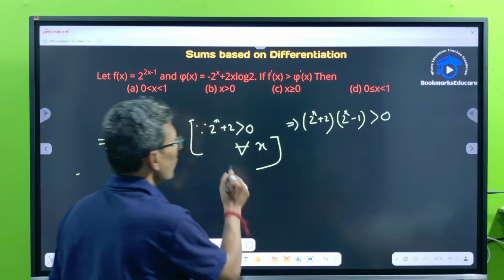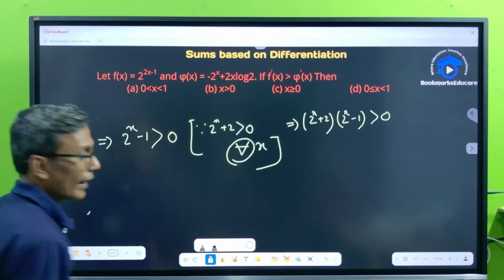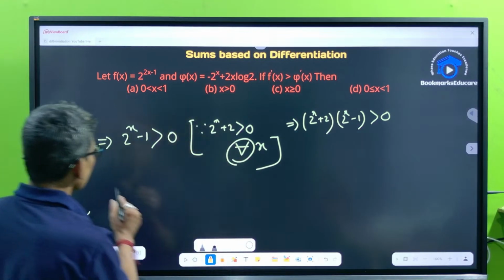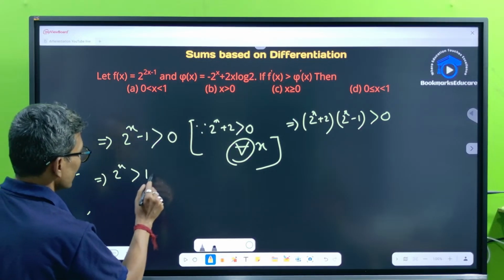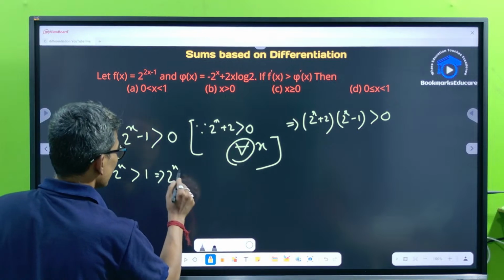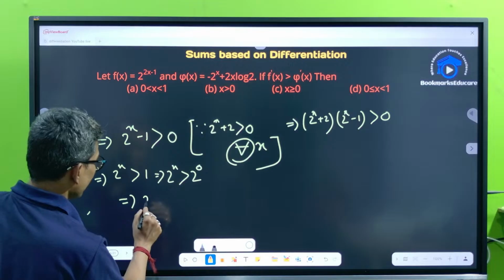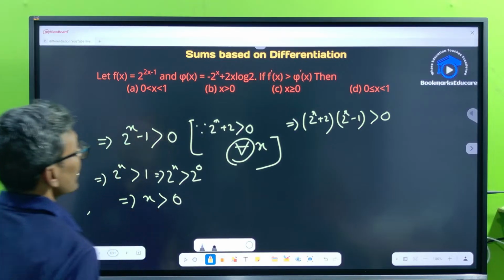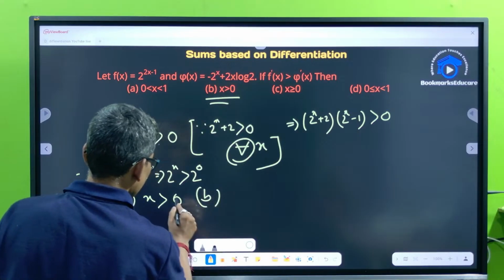So 2 to the power x greater than 1. Instead of 1 we can write 2 to the power 0, so x greater than 0. So x greater than 0, B is the right option for this sum.